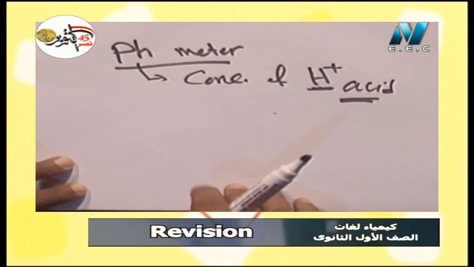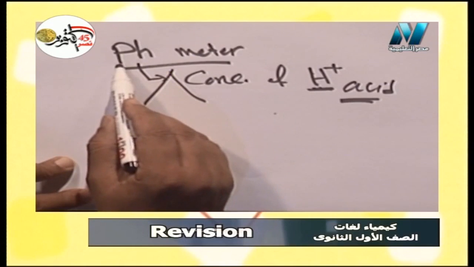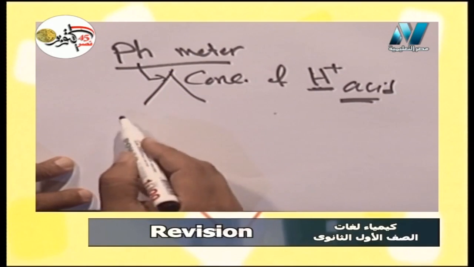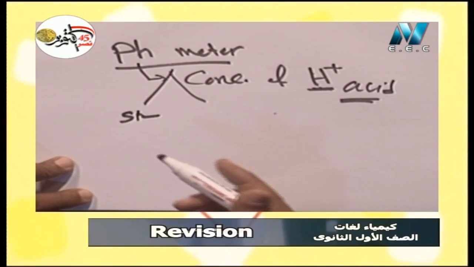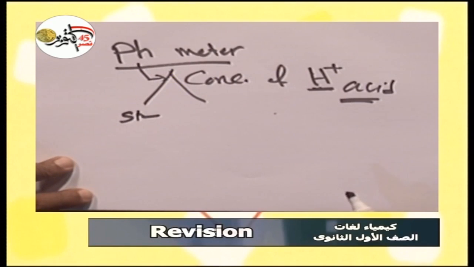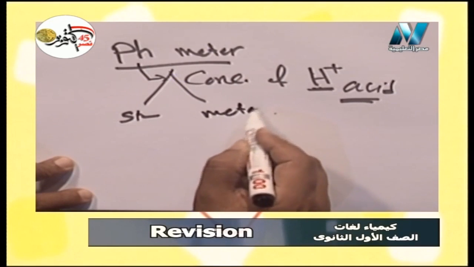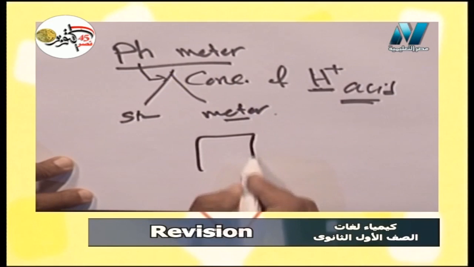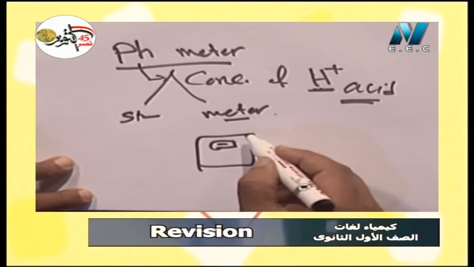How? We have two types of tools to measure the pH. First, the strips, which are pieces of paper that change color in different media. And the pH meter is a device like that, with a digital screen and an antenna.